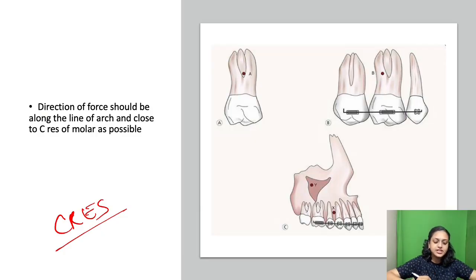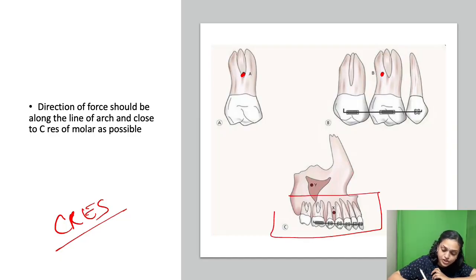So generally the center of resistance of the molar is between the bifurcation or the trifurcation of the molar, and for the posterior segment it is in the distal root, and for the maxillary arch, just the maxillary arch, not the maxillary bone, it is between the two premolars. For the entire maxilla, it is near the infrazygomatic crest.